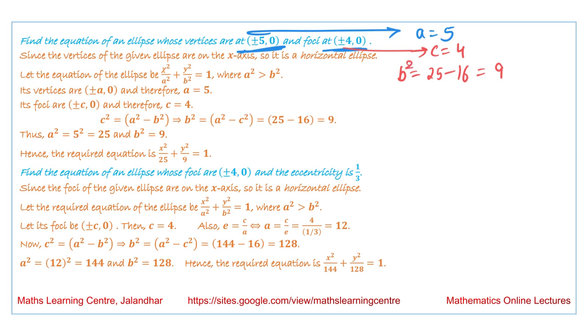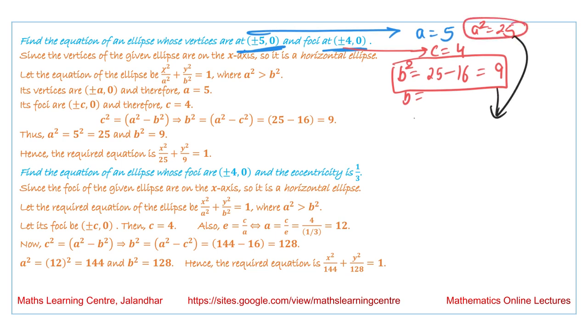This is the value of b². We don't need the value of b, b² is 9, a² is 25. So the required equation of the ellipse will be x²/25 + y²/9 = 1. Clearly this is a horizontal ellipse.